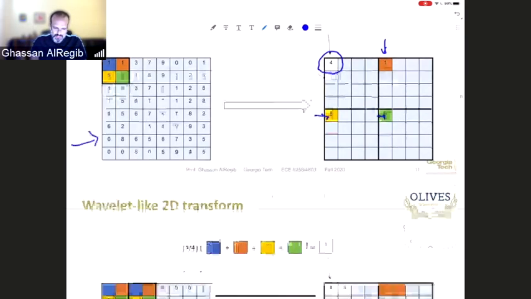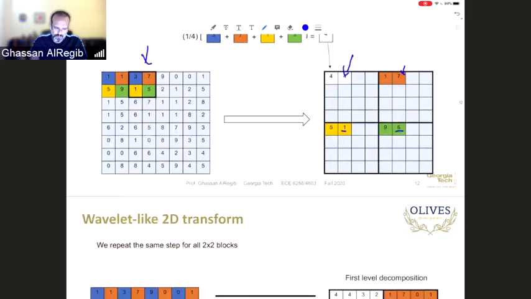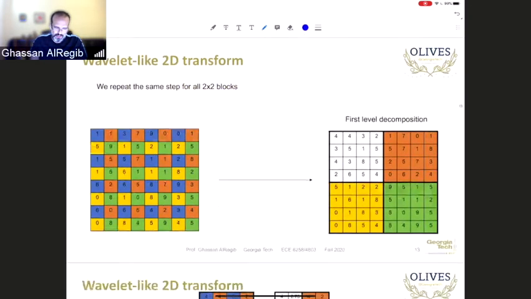I keep doing that for every 2 by 2. I replace the next 2 by 2 block with the average, which is 4 in this case, and then the other pixel values go as they are, the detail. I keep doing the same process all along. So now what we have is the first level of decomposition, where I have the first level of approximation.